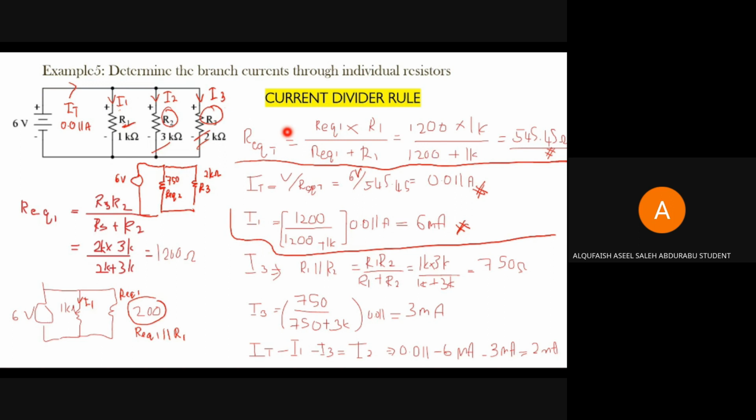Okay, in order to get I3, what is the formula for I3? I3 equals R equivalent 2 over R3 plus R equivalent 2 times I. So R equivalent 2 is 750 ohm divided by R3, which is 2 kilo ohm, plus 750 ohm, times 0.011 ampere.